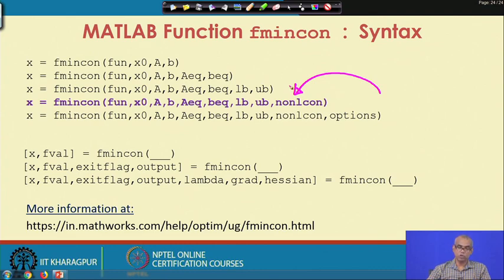That is why it was possible to take care of them by supplying the coefficient matrix and the right hand side vectors, namely A, b, A_eq, b_eq. But general nonlinear constraints can take any different form, so you have to supply a function where you will define them.